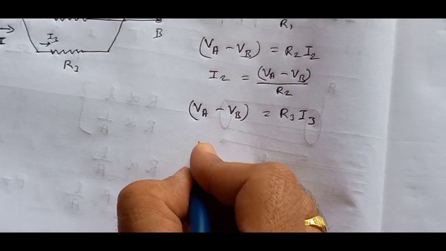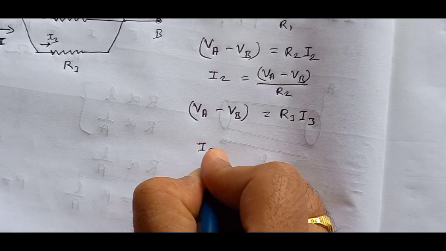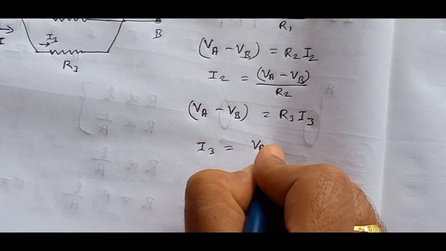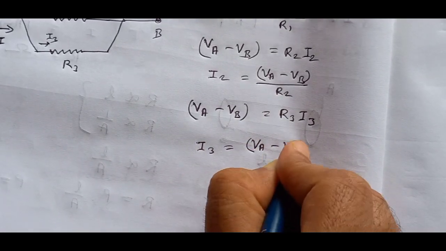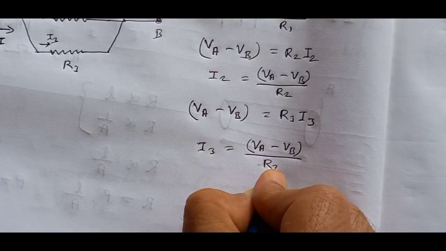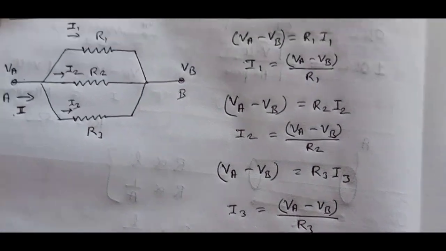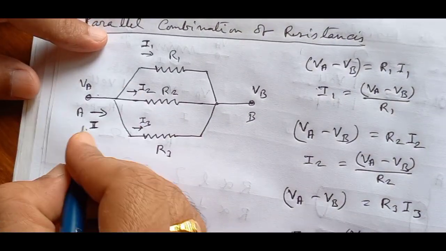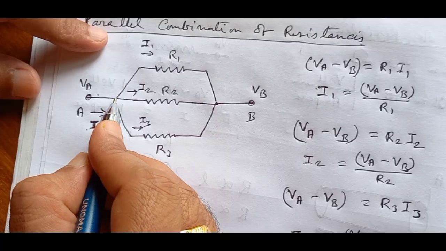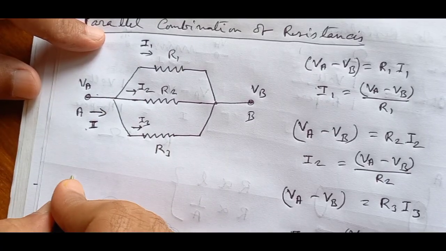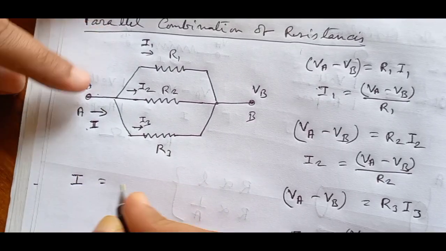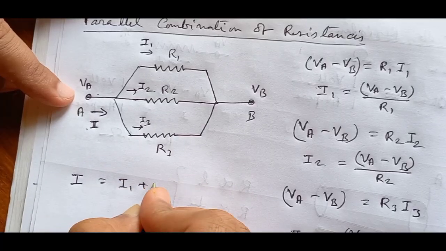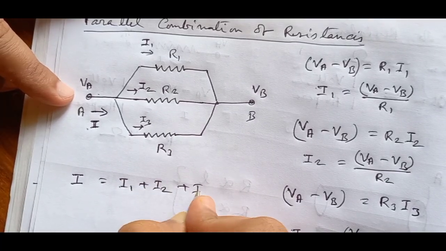Similarly, we can write I3 is equal to VA minus VB by R3. Here, the current is branched into three parts. So, we can write I is equal to I1 plus I2 plus I3.